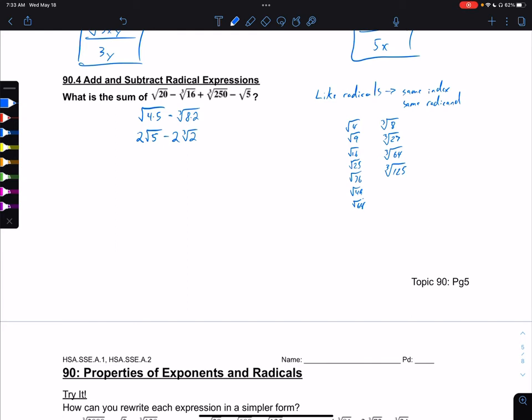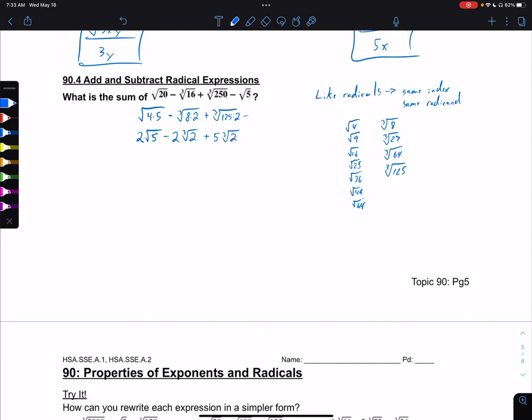The cube root of 250, 250 is divisible by 125, which is a perfect cube, and it would be 125 times 2. The cube root of 125 is 5, and that leaves me with the cube root of 2 on the inside.